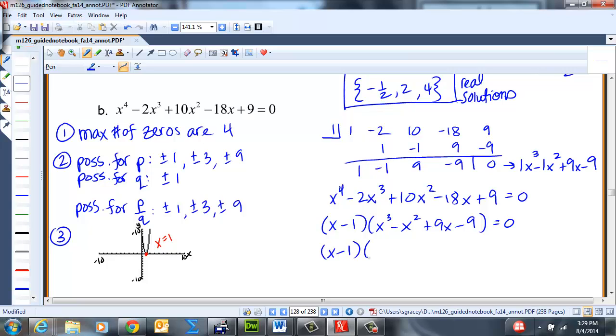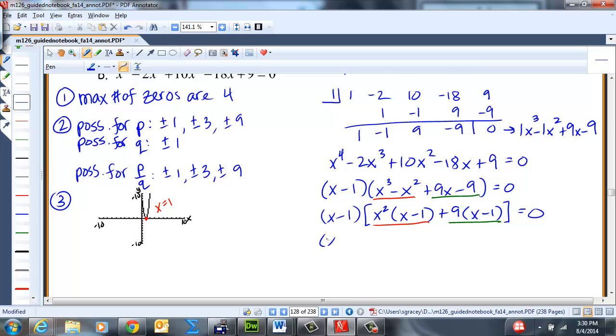So x minus 1, if we factor out an x squared from the first two terms, we get x minus 1, and then a 9 from the second two terms, we get 9 times quantity x minus 1. So this is like the red group, this is the green group, and this is all still equal to 0.